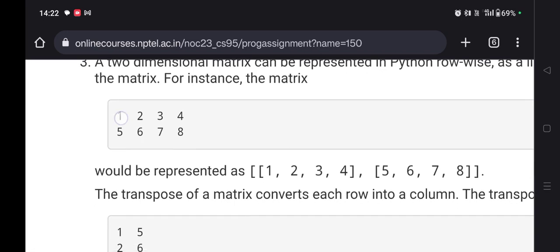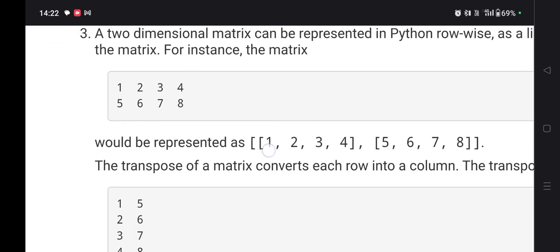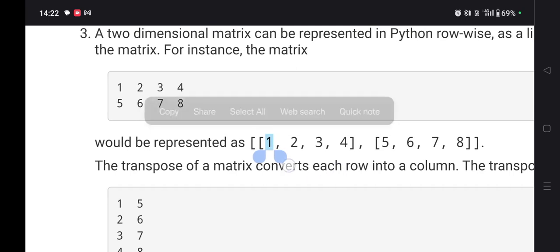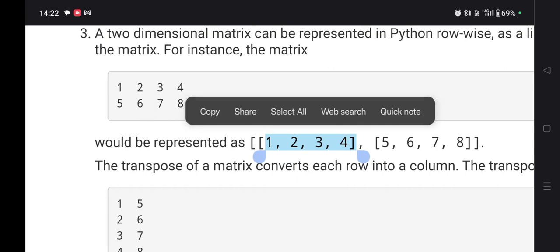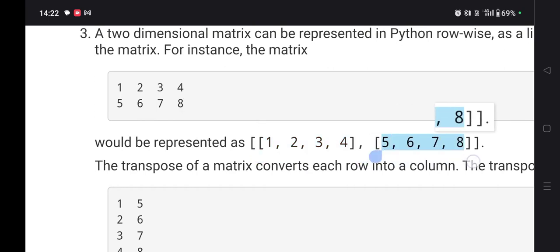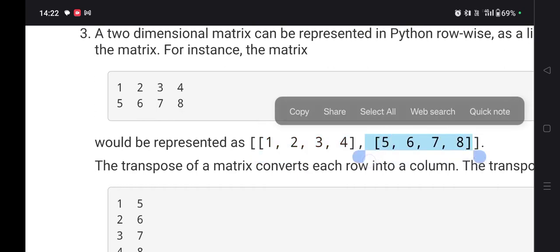So this first row, you can see, this is the first list, and this is the second row, this is the second list, that is the second row of the matrix.